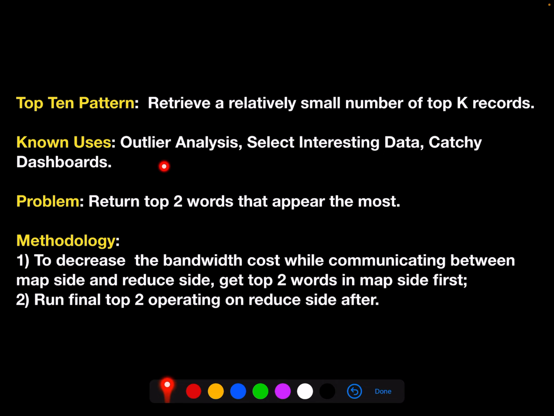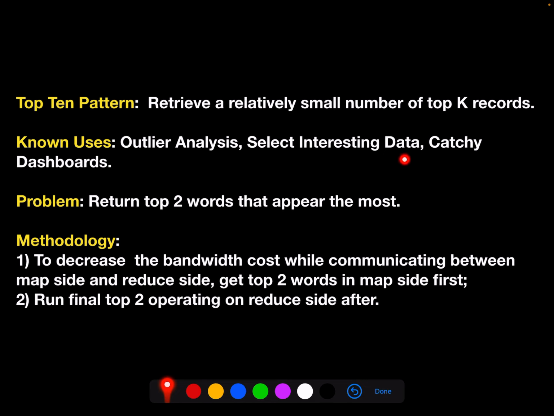Several known uses. For outlier analysis, we can use top 10 to get the top 10 outliers, or get the top K and treat the rest as outliers. In both ways, we can generate outliers.